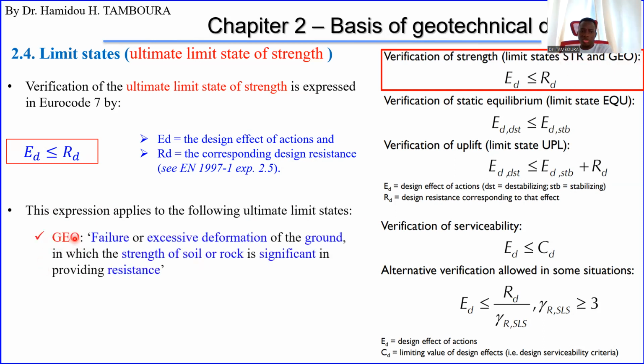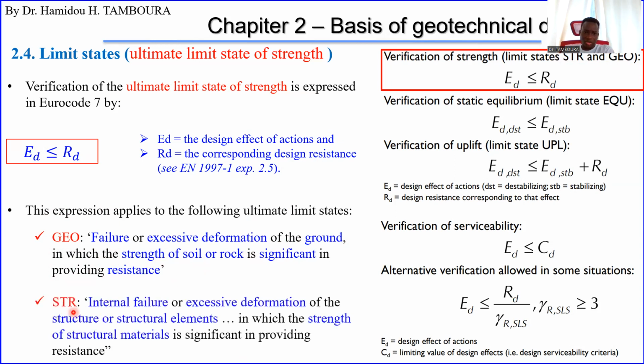Okay. Geo one, which is failure or excessive deformation of the ground, in which the strength of soil or rock is significant in providing the resistance. And this one, the structure, is internal failure or excessive deformation of the structure or structure element, in which the strength of the structure material is significant in providing resistance.